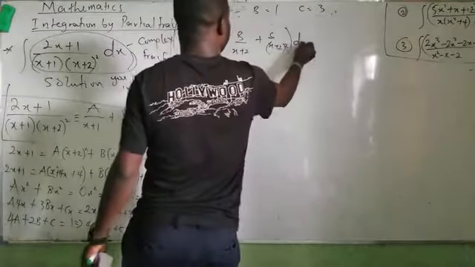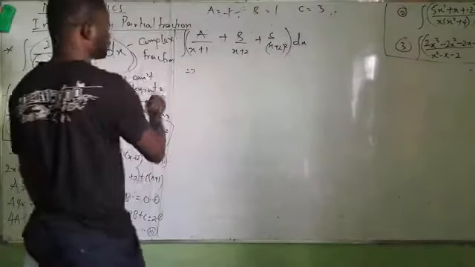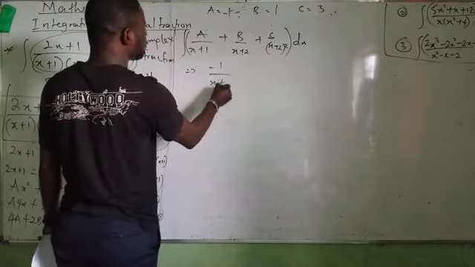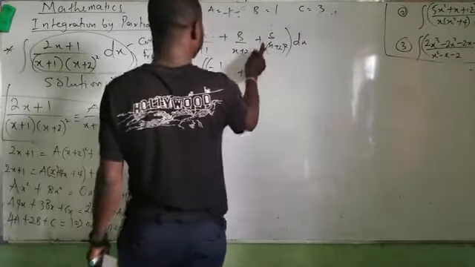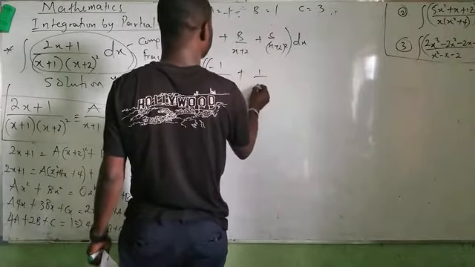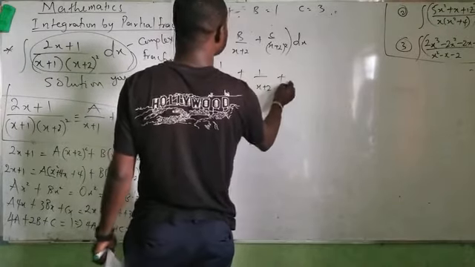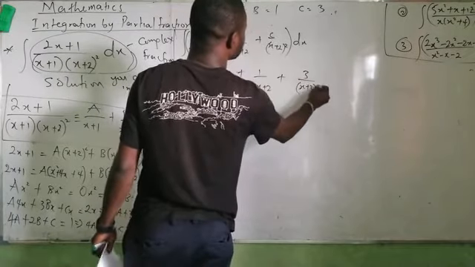At this point, I can integrate the rest of x, which implies my A is minus 1 all over x plus 1. What is my B? I have 1 all over x plus 2. And what is my C? My C is 3 all over x plus 2 all squared.